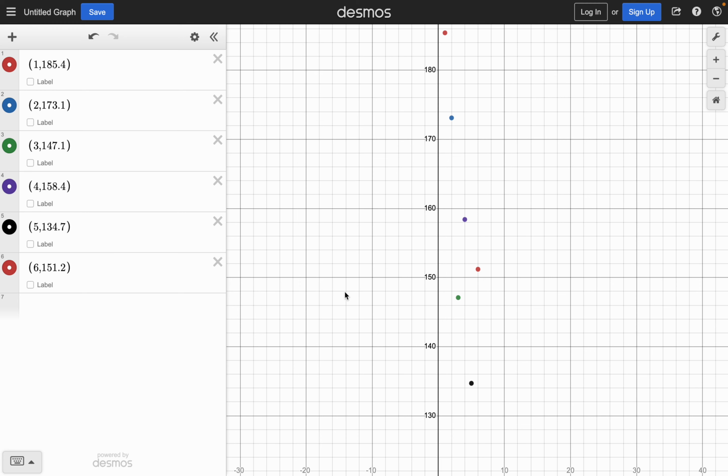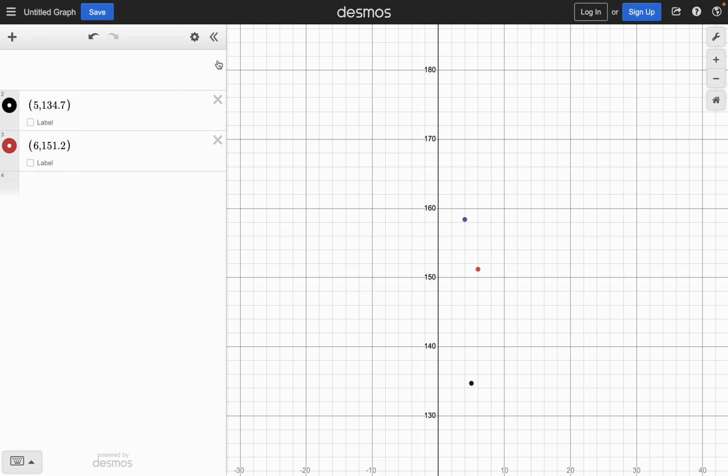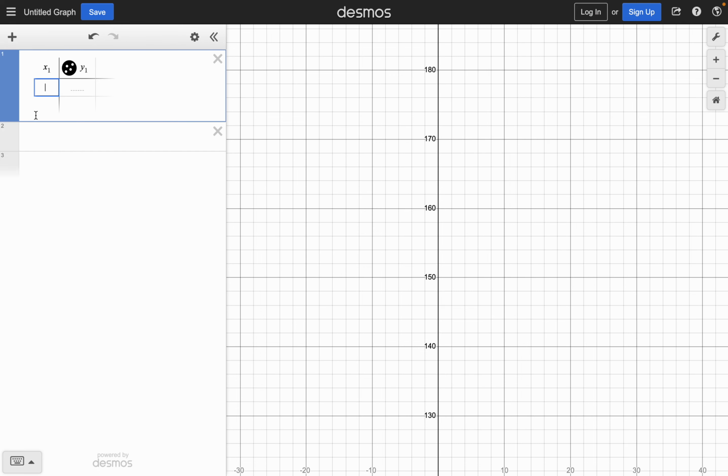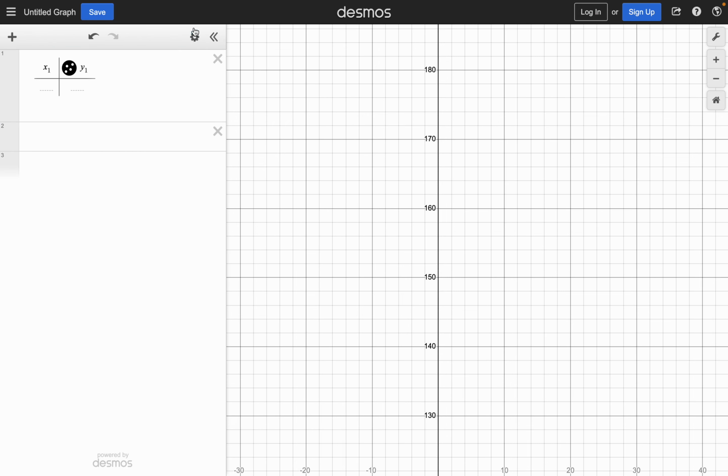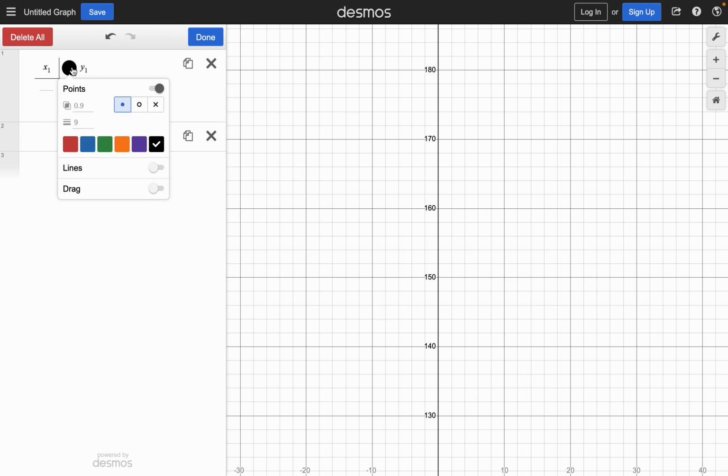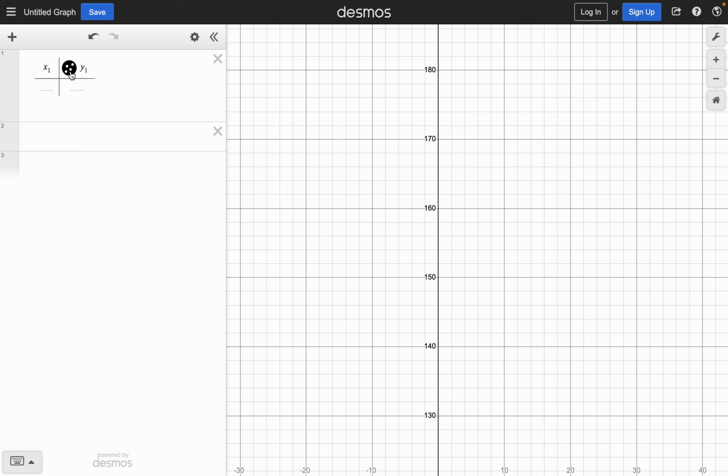So let's try this for a scatter plot. I'm going to create a scatter plot right here. If you go into settings, it has the options to make it a scatter plot or not. If it's lines, it would be dotted, dashed. But what we're doing right now is the scatter plot, so we can leave it at that.